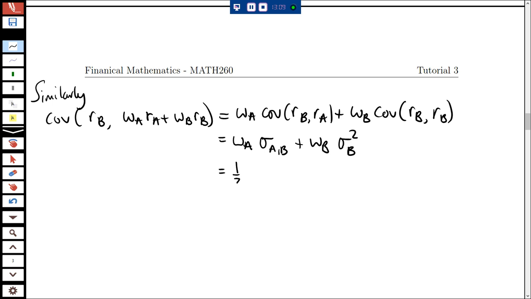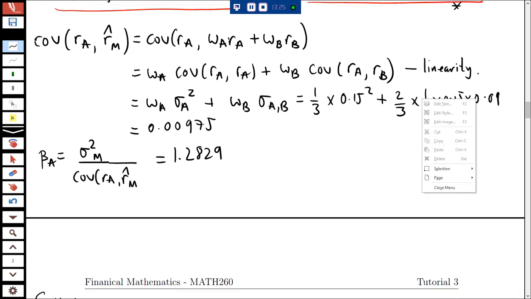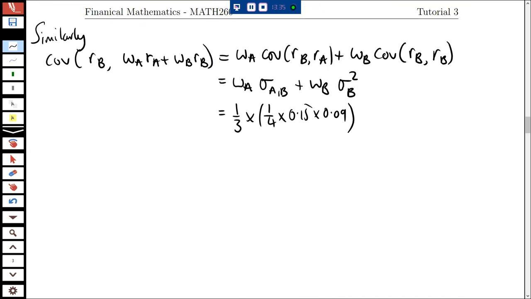So we have 1/3 times, I think I can remember, is it 1/4 times 15% times 9%? I think that's right. Let's just check. Yeah, 1/4. That's fine. So plus 2/3 times the variance on asset B, which is 9% squared.